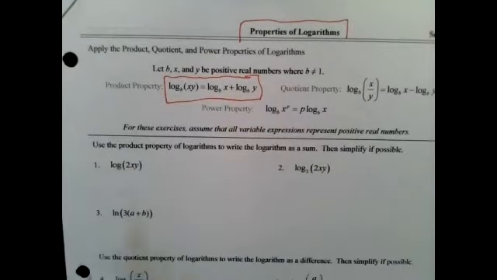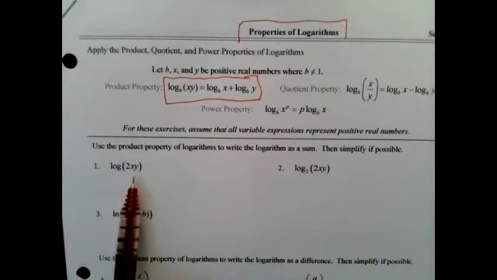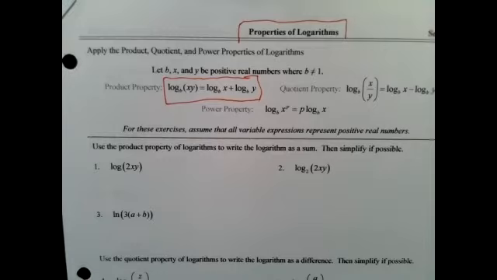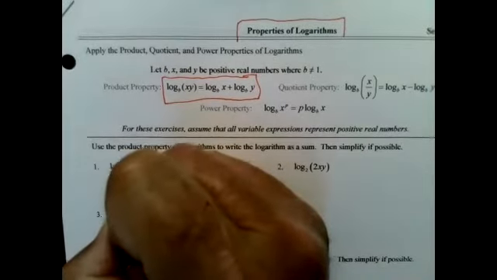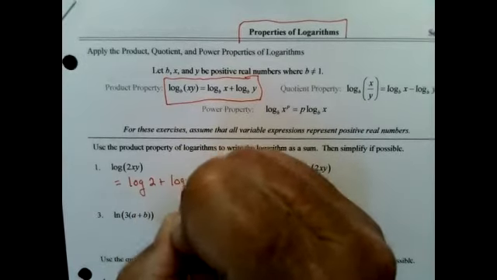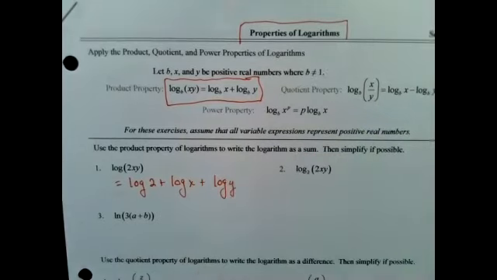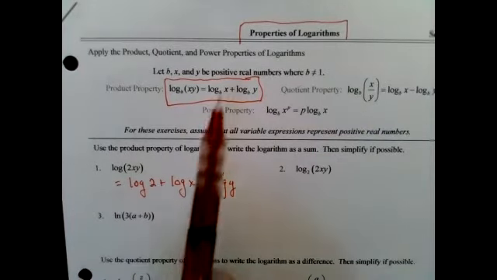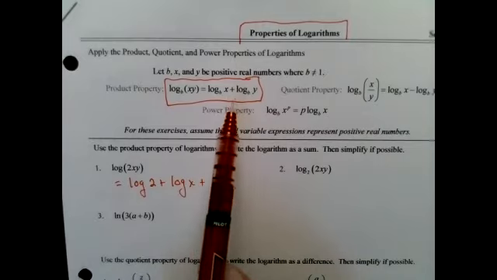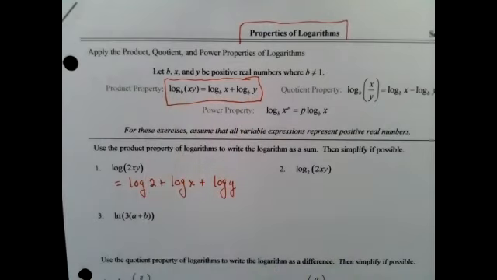Well, I'm going to jump right into this guy down here and say, yes, this is common log of 2xy. That's going to be the same as log 2 plus log x plus log y. So I can take this and split it up, or I can actually use the reverse of this property. I can reverse it. If I'm given something along these lines, I can reverse it back over there.